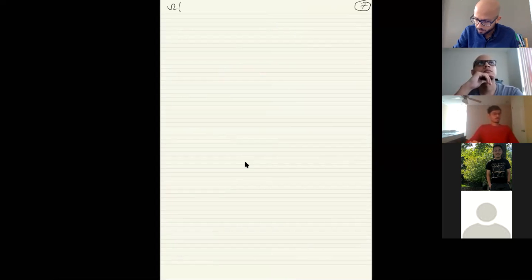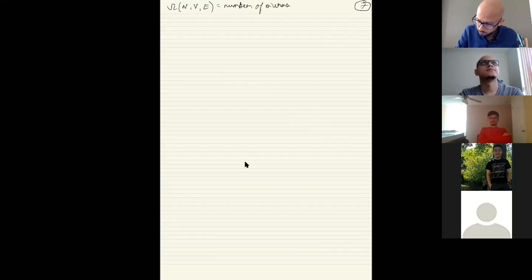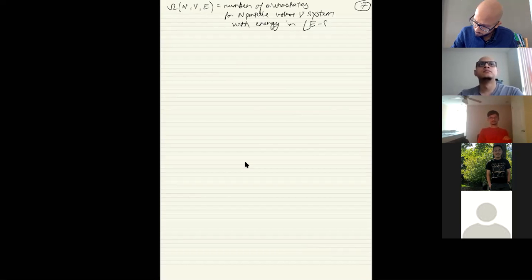So we defined omega NVE as the number of microstates for an N particle, volume V system with energy in E minus delta E to E, this shell.